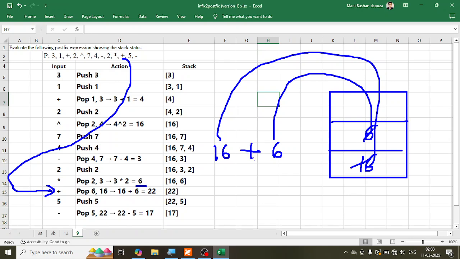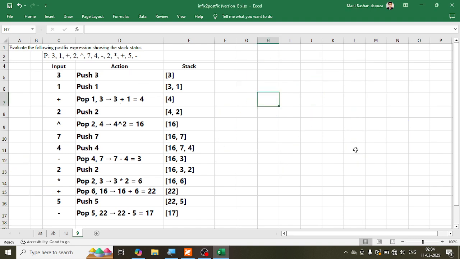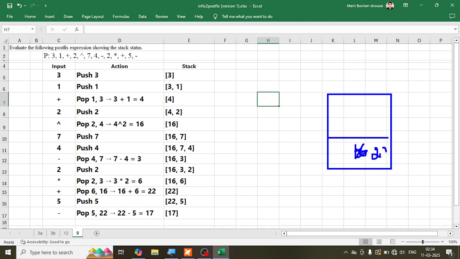So 16 plus 6 is going to be 22. Push this back onto the stack. So what is there in the stack now? The stack now contains 16. I'm sorry, not 16, 22. So the stack will now contain 22. This is the intermediate answer.